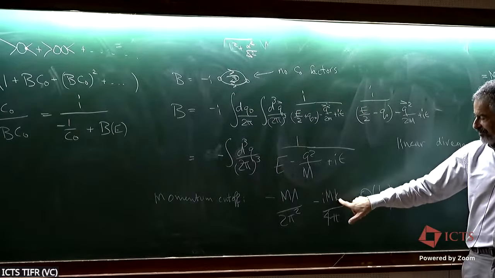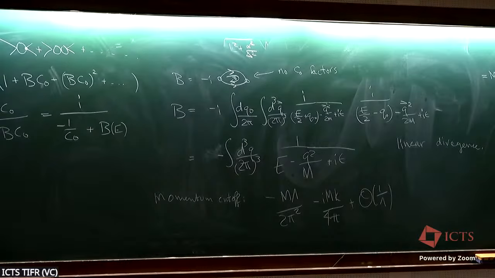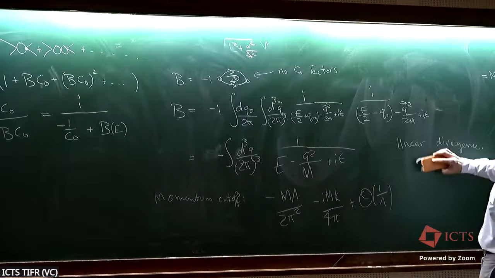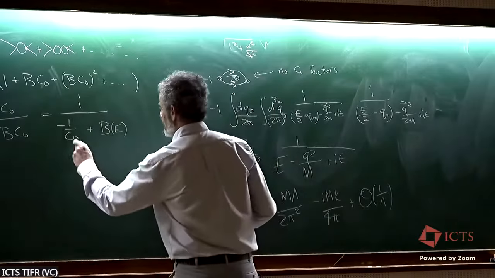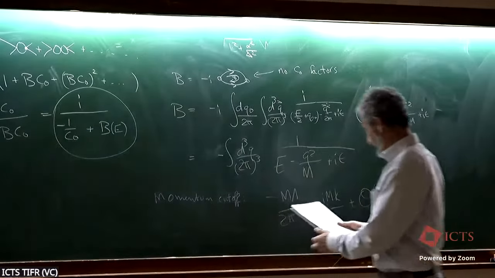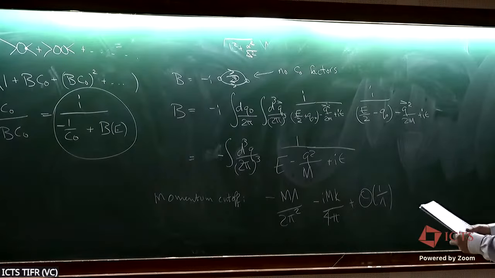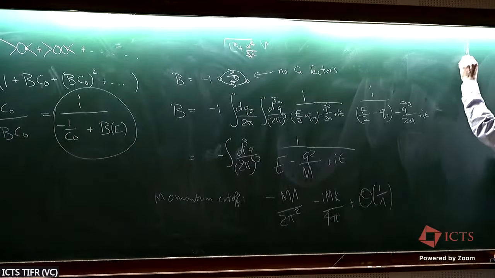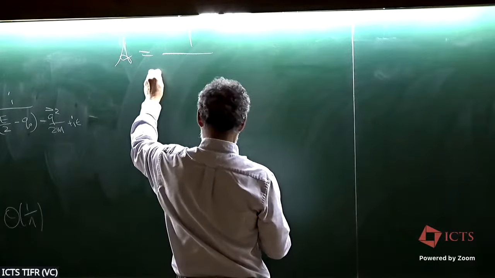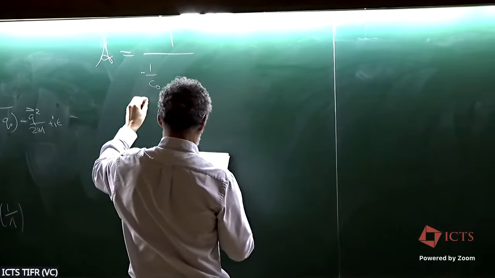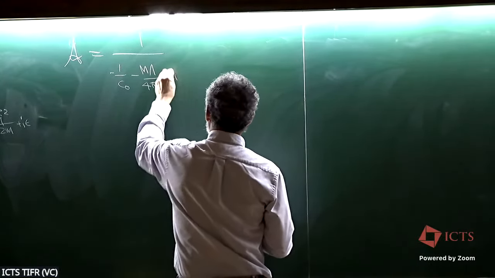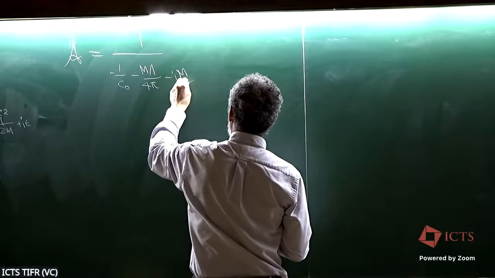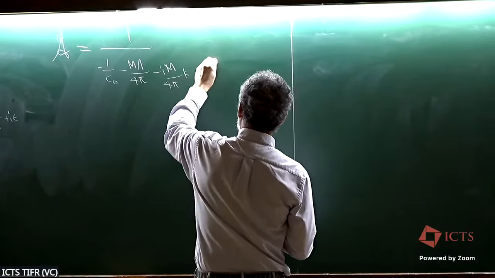And then stuff that goes away as lambda goes to infinity. So we stick this into our formula over here, and we get, I'll cancel out the i's, A is equal to 1 over minus 1 over C naught minus m lambda over 4 pi minus i m over 4 pi k plus order 1 over lambda.